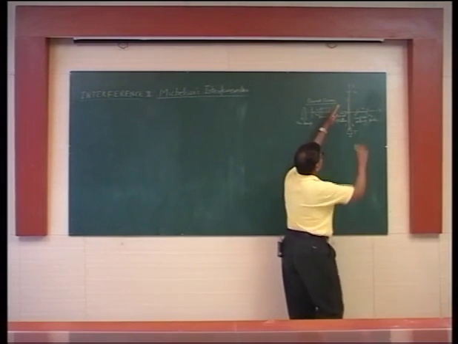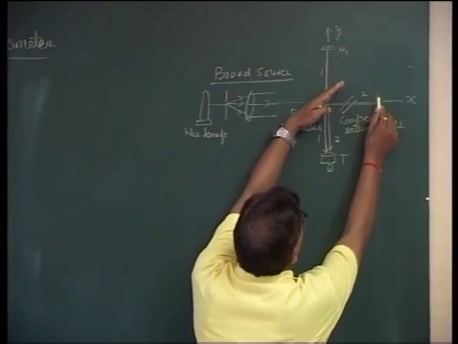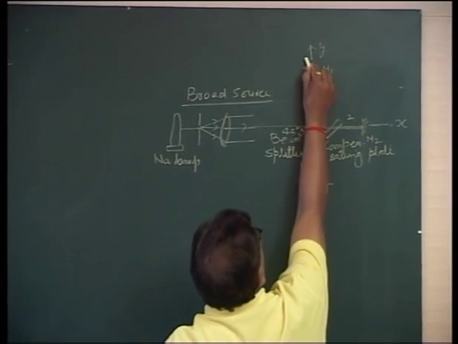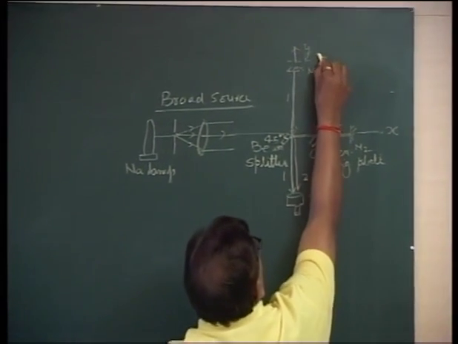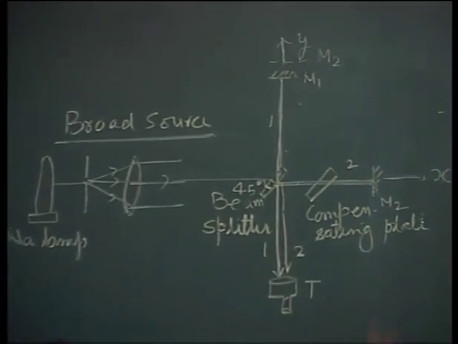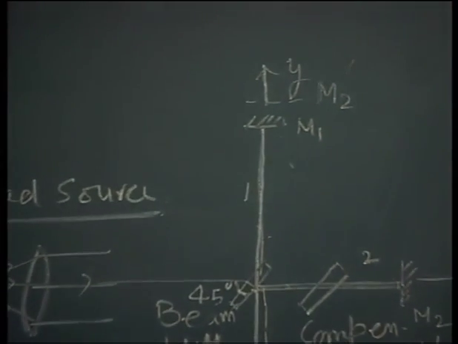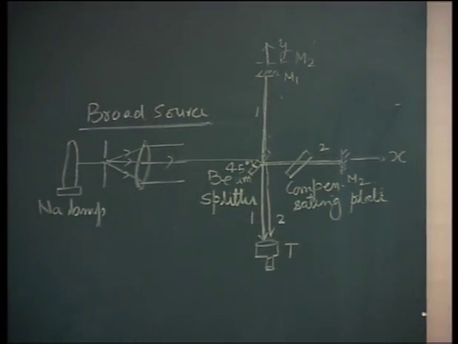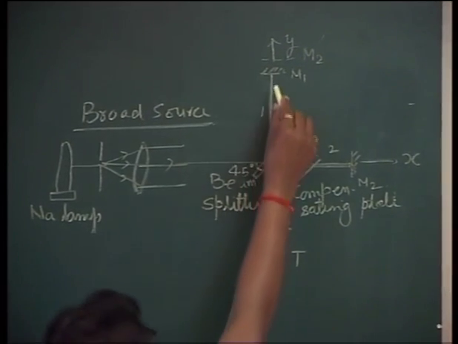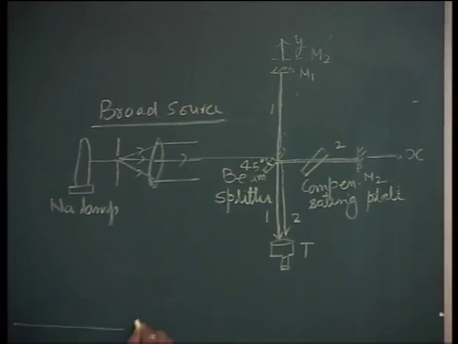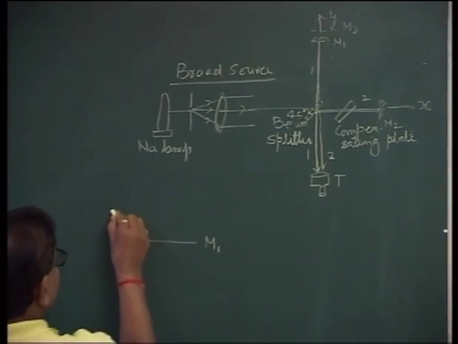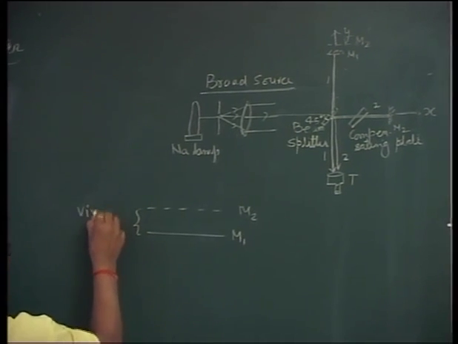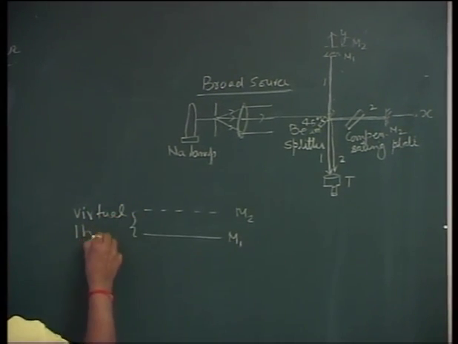See that this mirror finds its image in the beam splitter somewhere here. And therefore, looking from a telescope, we find a virtual thin film of air enclosed between mirror M1 and the image of mirror M2. There is a virtual thin film of air.